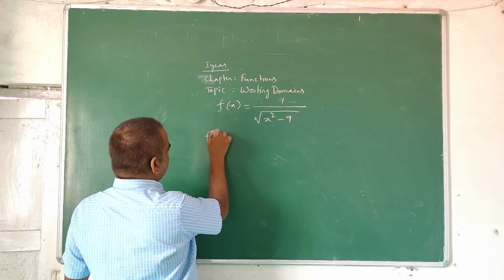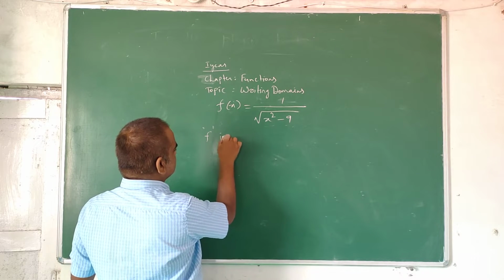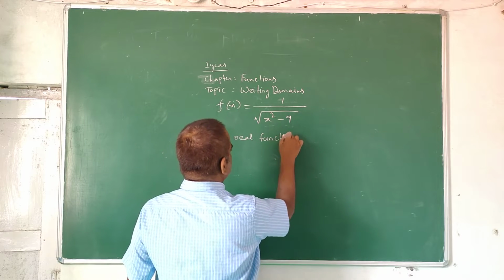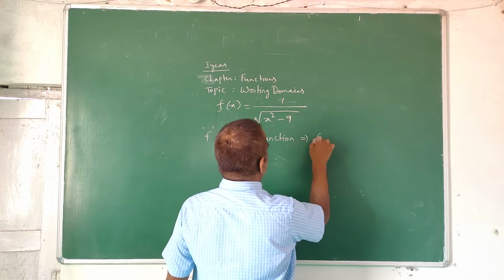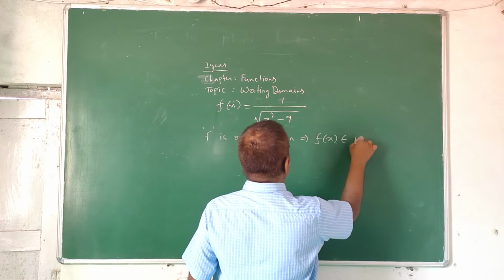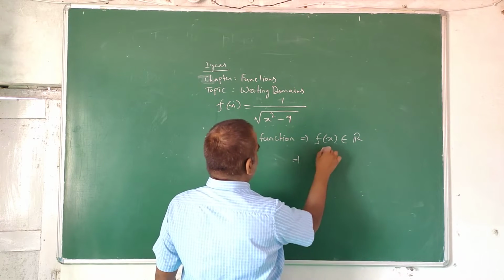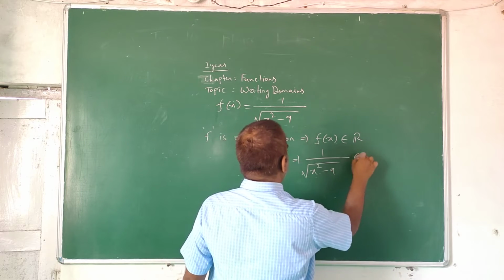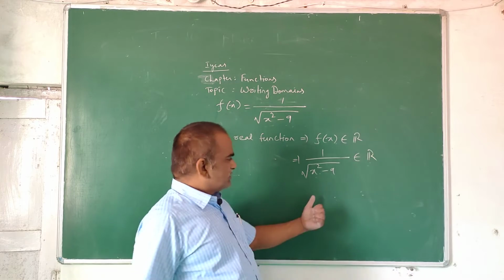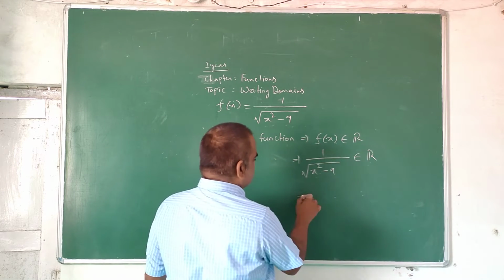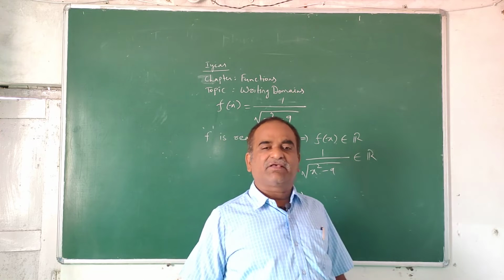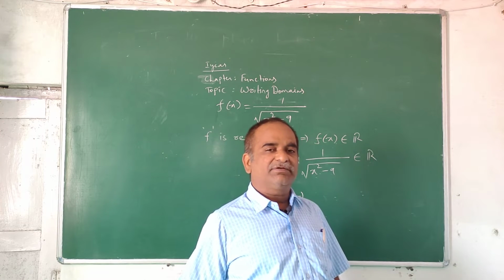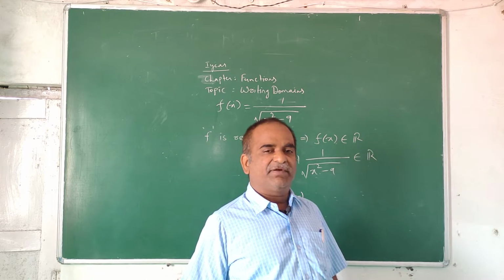So here f is real function, implies f of x belongs to R. This implies 1 by root over x square minus 9 should be a member of R. So here you should not even allow x square minus 9 to be 0, because if it is 0, in the denominator you will see 0, again it will become an undefined quantity.